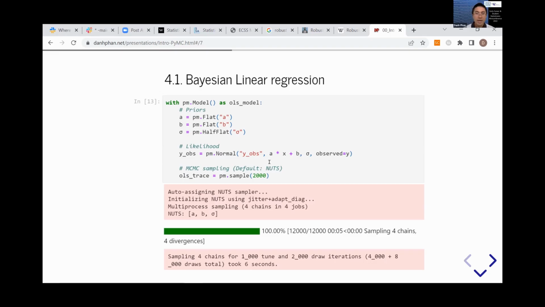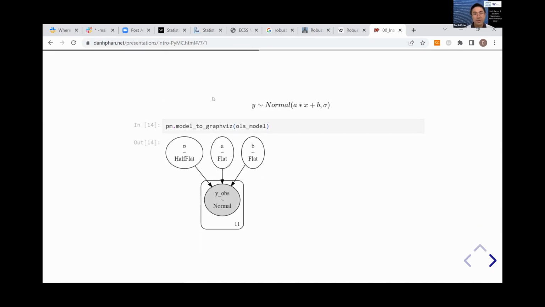And after that, we can sample the posteriors. Here, for example, I will draw 2000 samples. The default sampling method for MCMC is NUTS, but we can also include other sampling methods like Gibbs or Metropolis, etc.